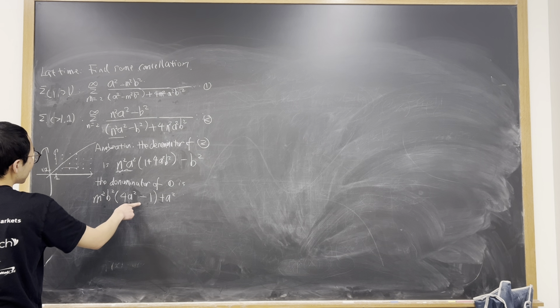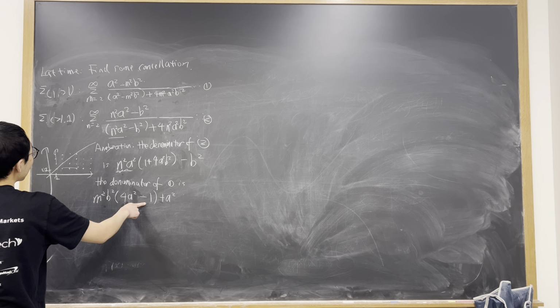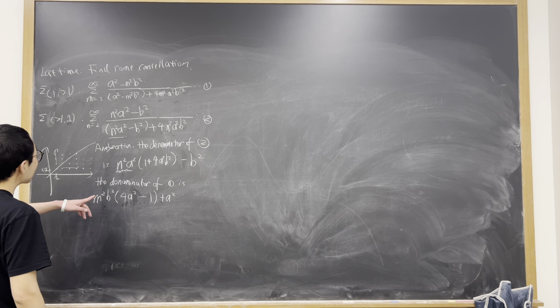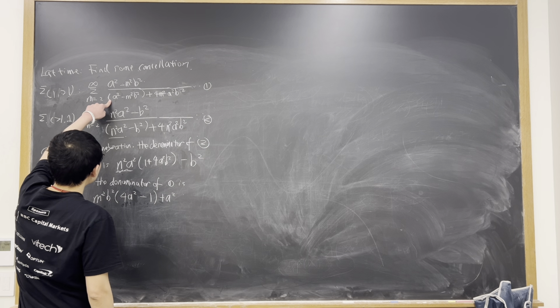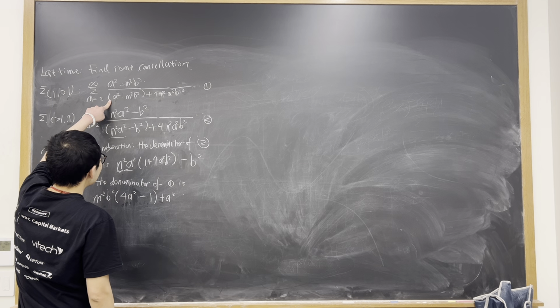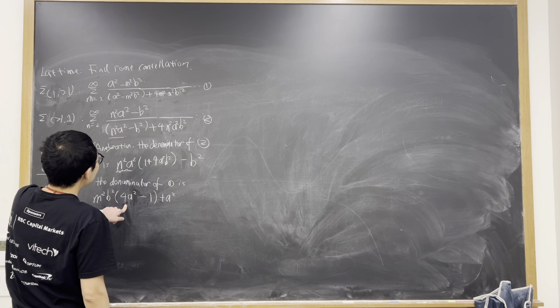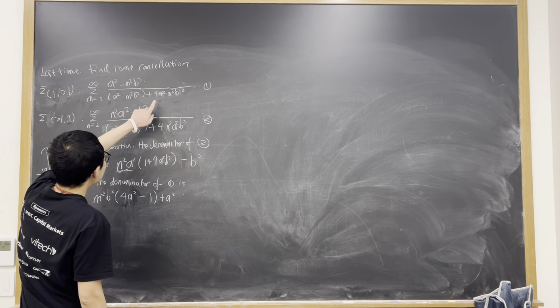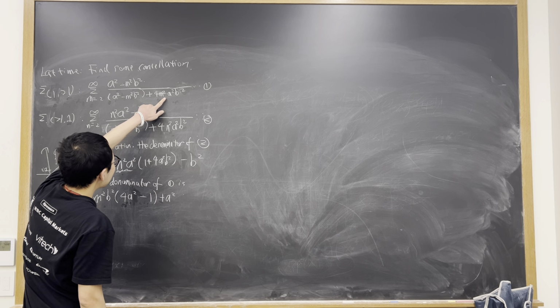So originally there should be an n here, because there was a 4m squared n squared a squared b squared.